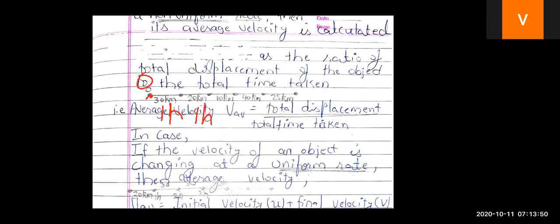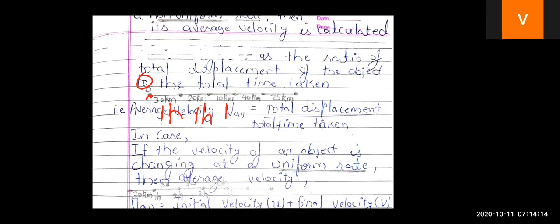So here your velocity is 30 kilometers per hour. In the second slot, your velocity is 20 by 1, that is 20 kilometers per hour. In the next 1 hour, you are covering a distance of 10 kilometers. So here your velocity will be 10 kilometer by 1 hour, that is 10 kilometers per hour. So here you can see that the velocity is not uniform, it is non-uniform.